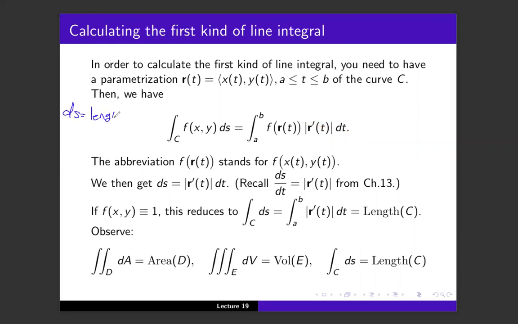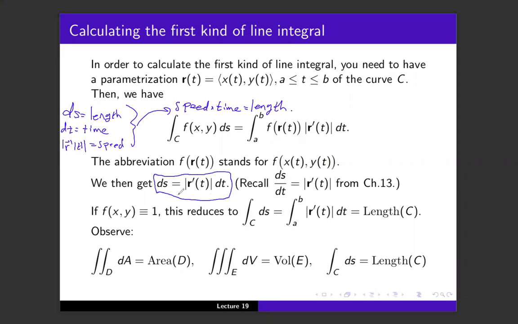That's a small change in length. dt is a small amount of time, and r'(t) in magnitude is speed. So all of this together will give us that speed times time is equal to length. And that's what's going on over here with ds equals |r'(t)| dt. Speed times time is equal to length.